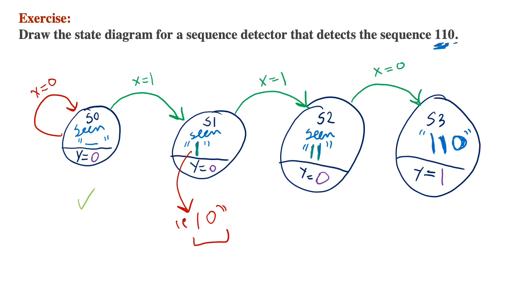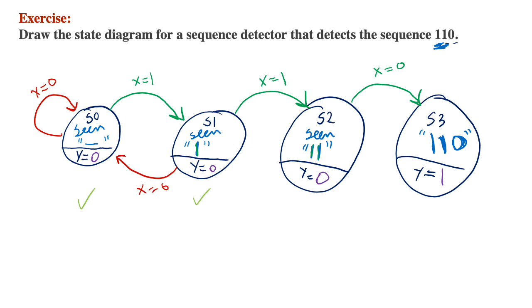If there's a state that says 1 0, I'm going to go to it. Otherwise, I will cross the oldest bit of the sequence, and then I will check if there's any state that says 0. There is no state that says 0, so I'm going to cross this 0, and I'm going to end up with nothing. So that means if I am in state 1 and I receive a 0, I'm going to go to state 0. Now I took care of all the possible input combinations for state 1.